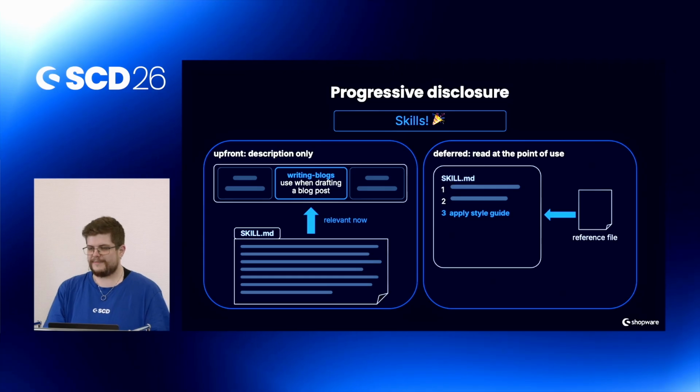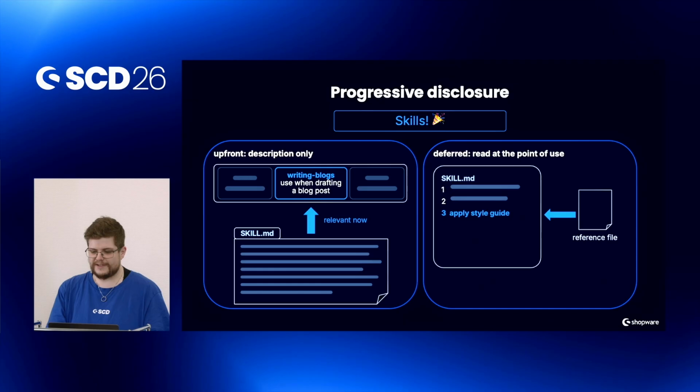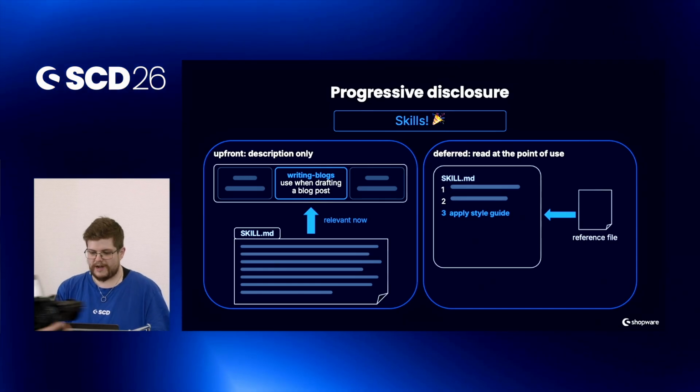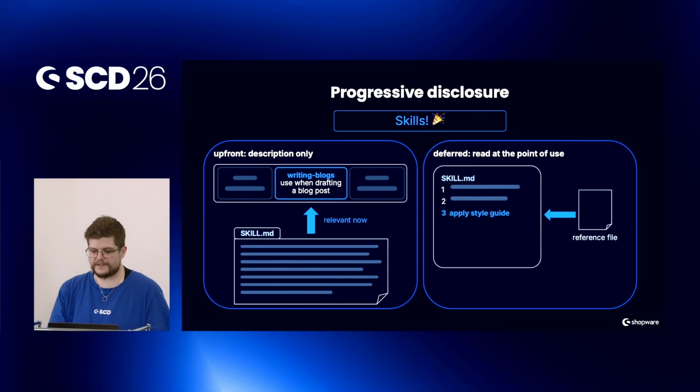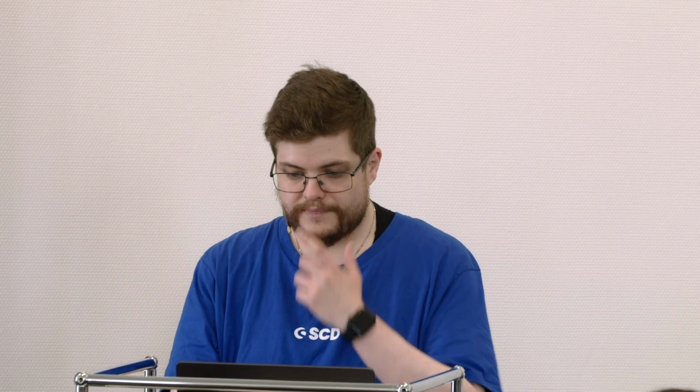Skills are a concept that made it into a standard, fortunately, and it's the tip of the iceberg shaped into a mechanism. Upfront, only a description loads. The model starts with a row of names and one-liners as descriptions, and the full skill body enters the context the moment it becomes relevant.